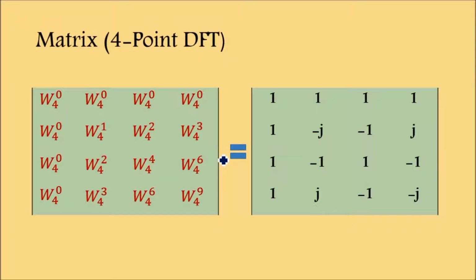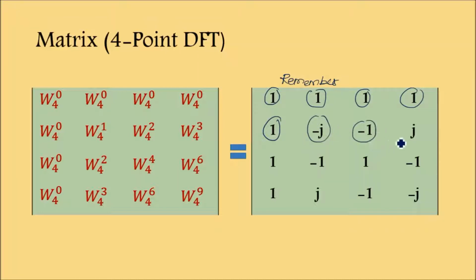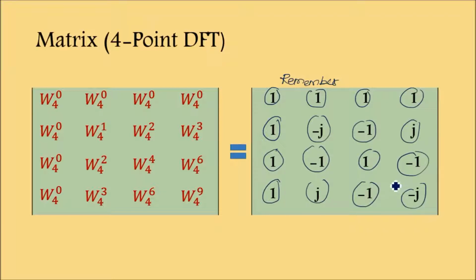This matrix is important, you have to remember this matrix. So the values are: first row is 1 1 1 1, then 1 minus j minus 1 j, 1 minus 1 1 minus 1, 1 j minus 1 minus j. So we'll solve a problem on it.